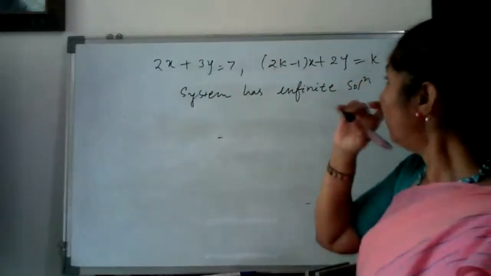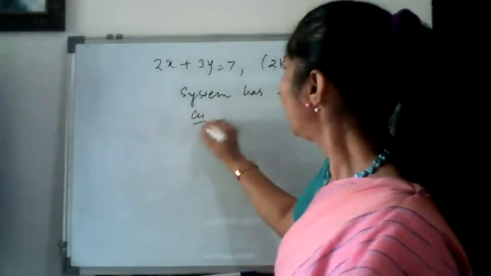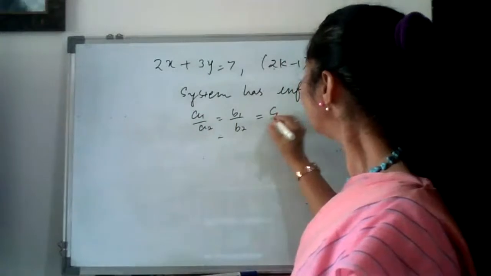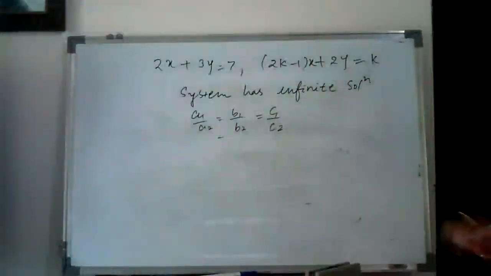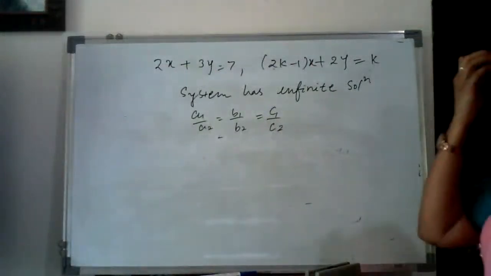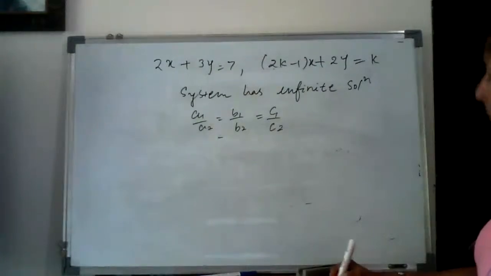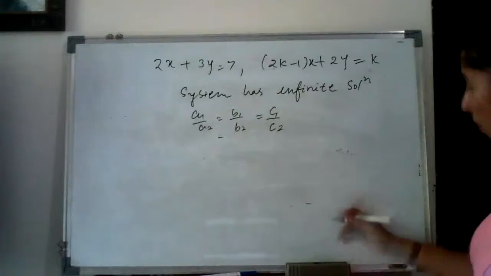Okay, and when the system has an infinite solution, that means a1 upon a2 is equal to b1 upon b2 is equal to c1 upon c2. Now I'll just adjust the question. Just give me a minute so that I can make it clear.